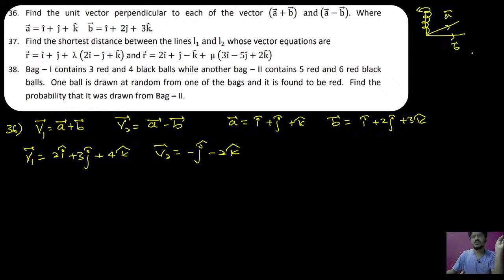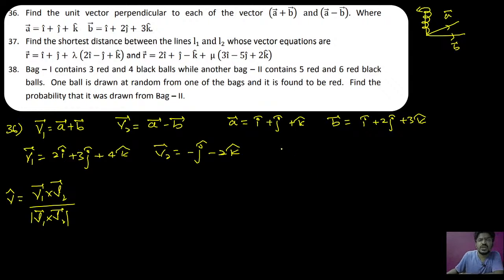By using the definition of cross product, you have to find the unit vector. I will write that unit vector as v cap, that will be v1 cross v2 divided by mod of v1 cross v2. Clear?